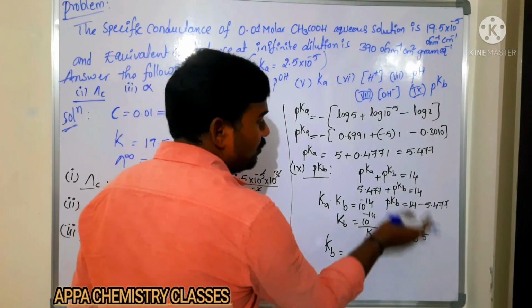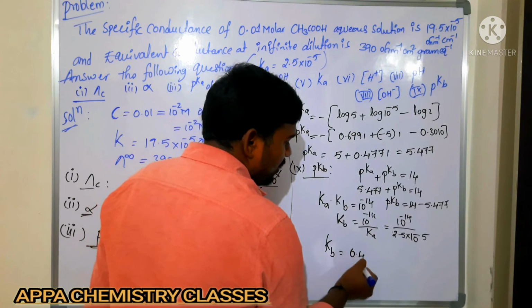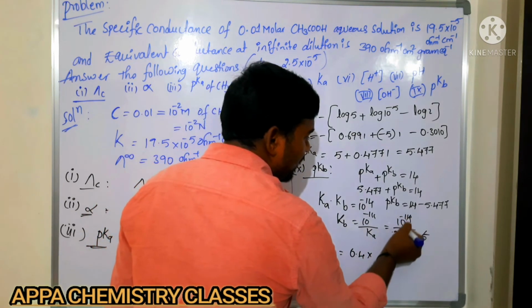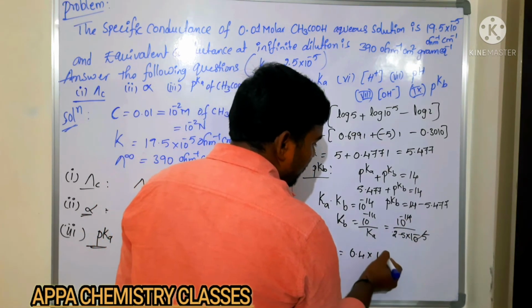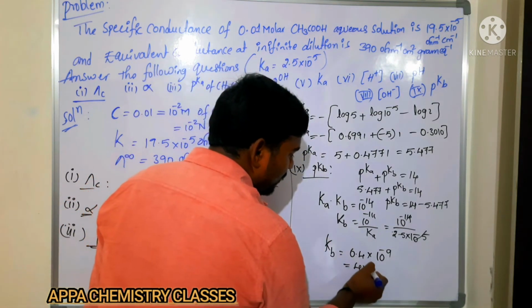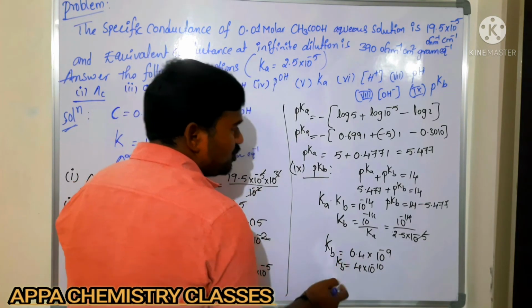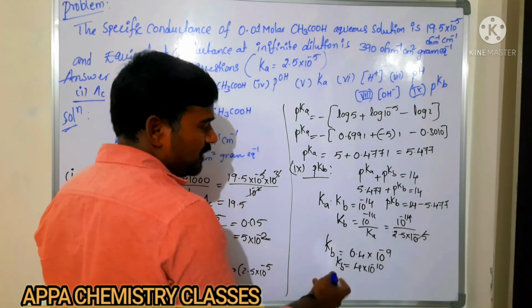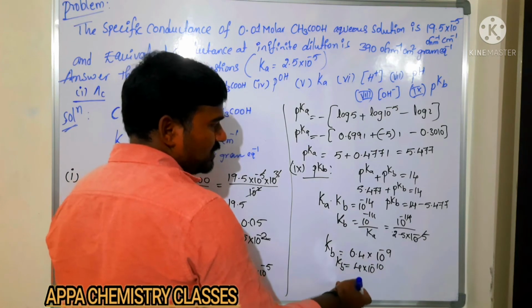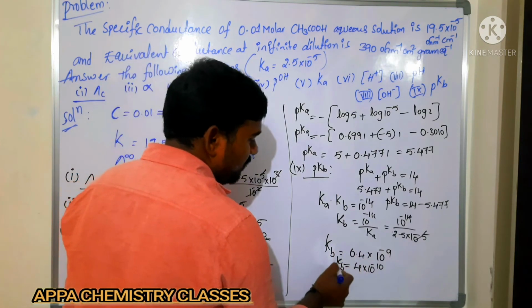2 by 5 is nothing but 0.4. 0.4 into 10 power minus 9, then we can write it as 4 into 10 power minus 10. That is the Kb value. So pKb will be 10 minus log 4. Log 4 is 0.6020.